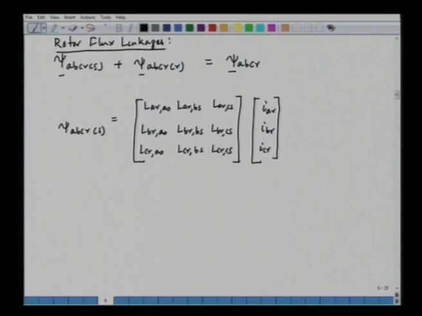This is called the mutual inductance between the rotor and the stator, LRS.